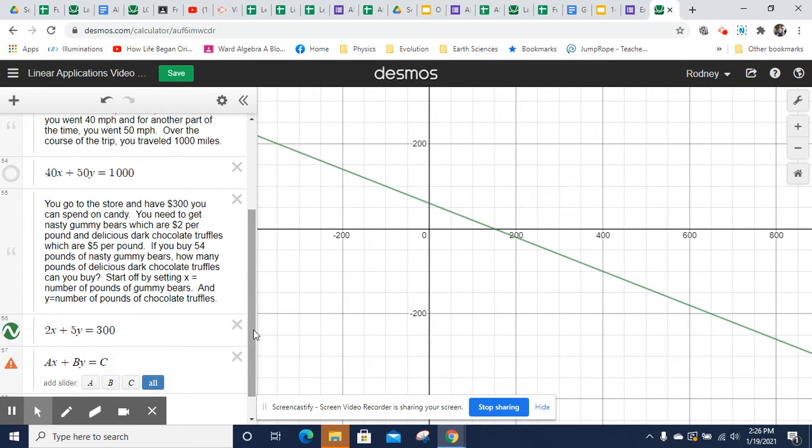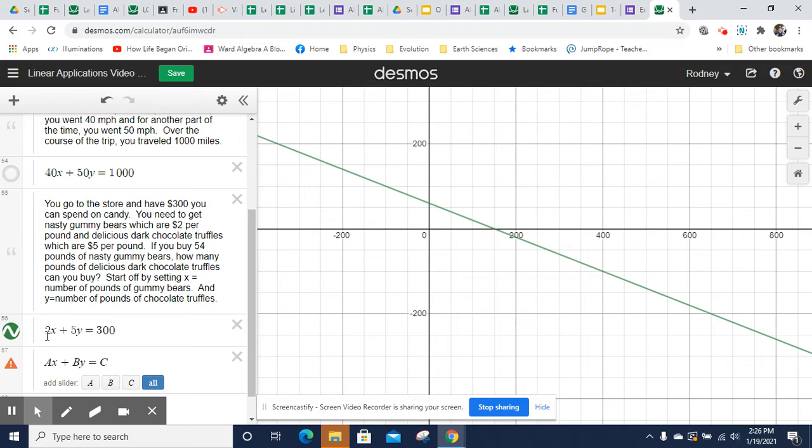The pounds of gummy bears and chocolate truffles are essentially interdependent in this case. So formally speaking, it's not quite a function, but it will still pass the vertical line test. There is a relationship between gummy bears and chocolate that is 2x plus 5y equals 300.